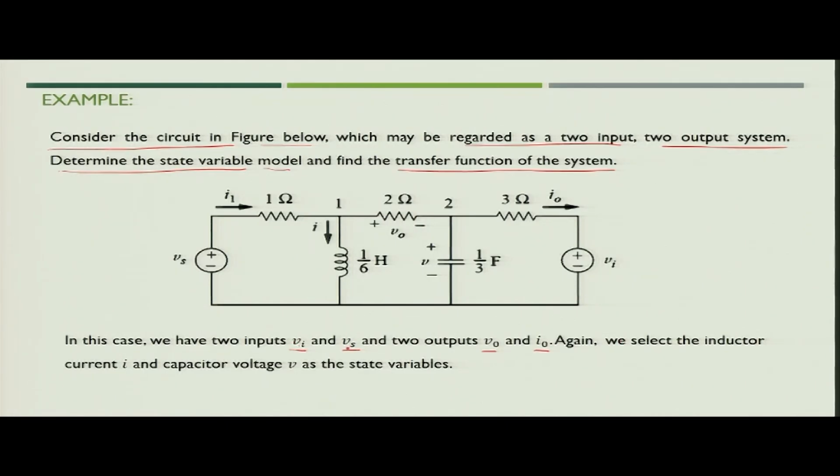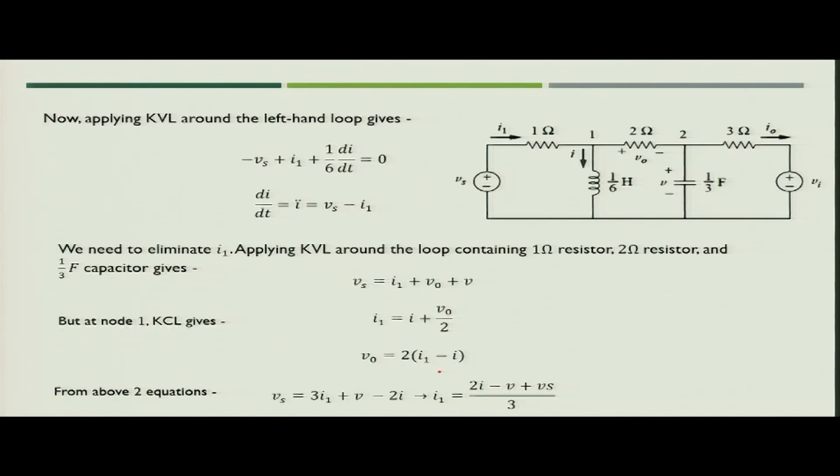So, Vi and Vs are considered as inputs in this case, and V naught and I naught are the outputs. As we did in the previous case, in this case also we select inductor current and capacitor voltage as the state variables.